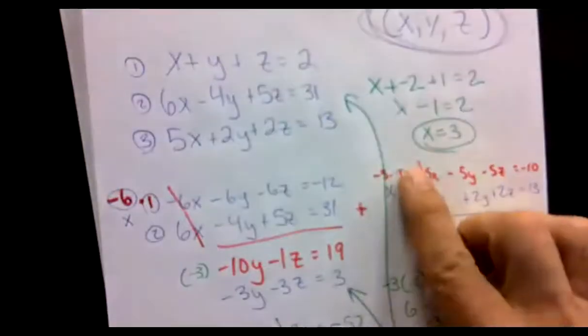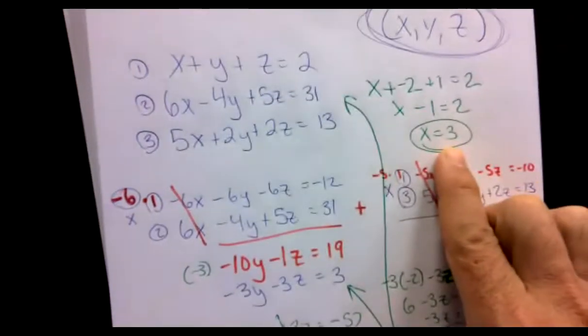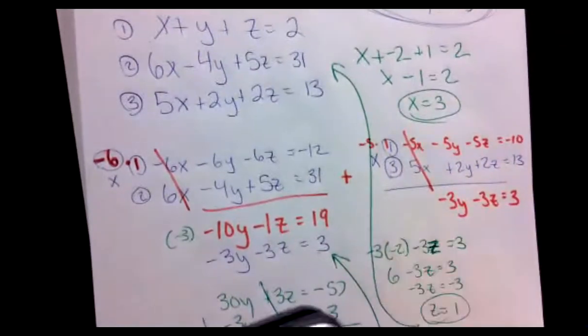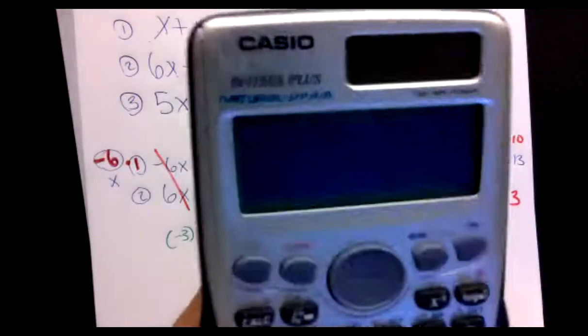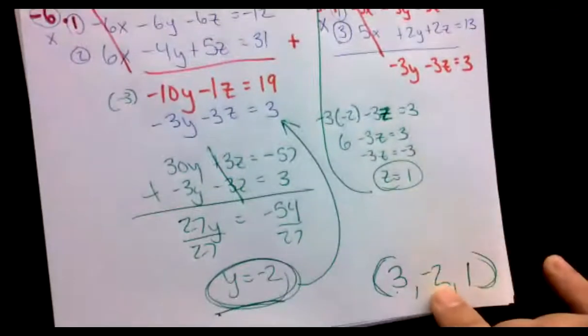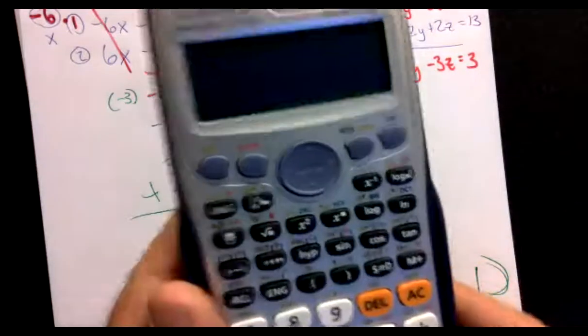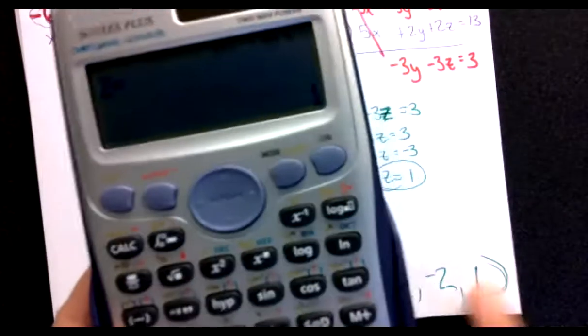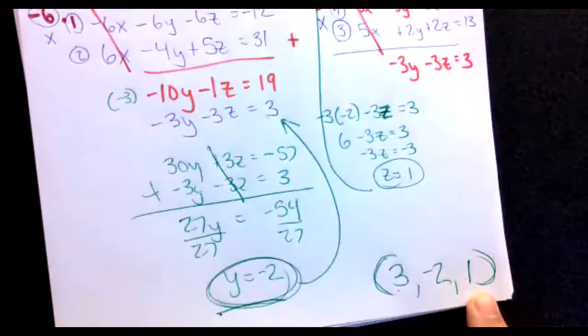Okay. It says x equals 3. So my x is 3, just like we said it was. If I hit equals again, now it says y is -2, which is what we said it was. And then if I hit equals again, it says z is 1, just like it said it was.